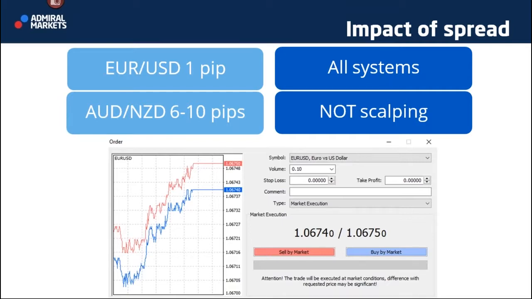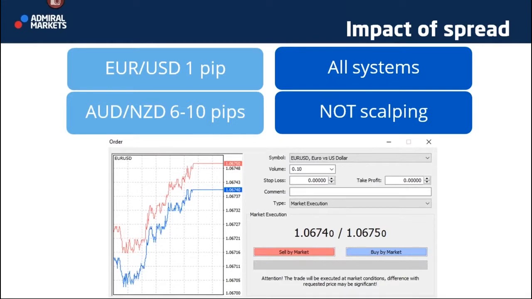Even if you win 90% of them, but you gain 1 pip each, you got 9 pips, right? But one time you lose 20. Well, you gained 9, you lost 20. So you get the point.